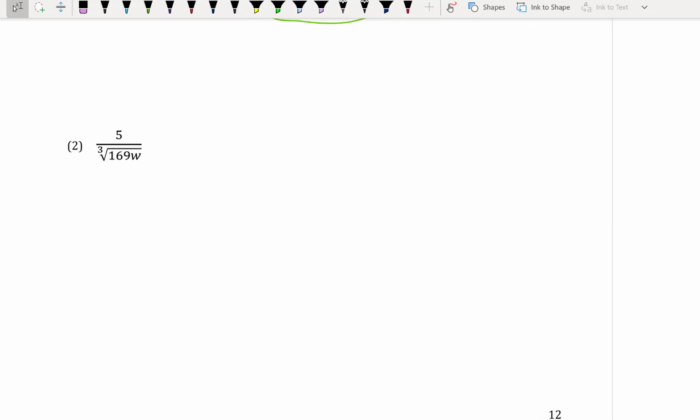For this one, I now have an index of 3, so I want to be a bit more careful. And I'm looking at the number 169, because that is what I have. So let's see if 169 can be factored.